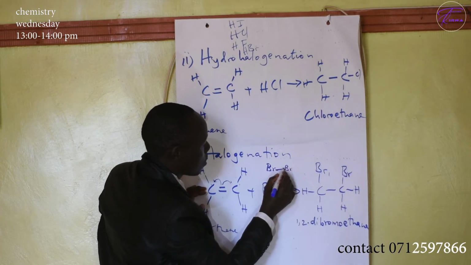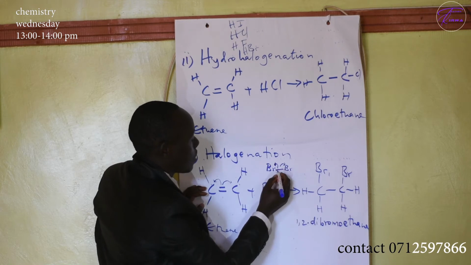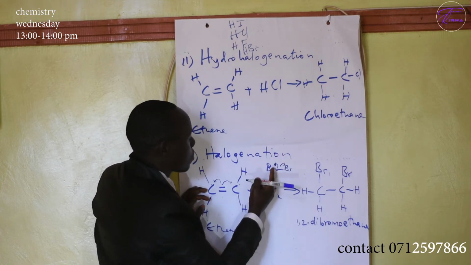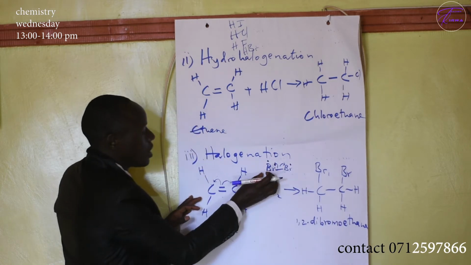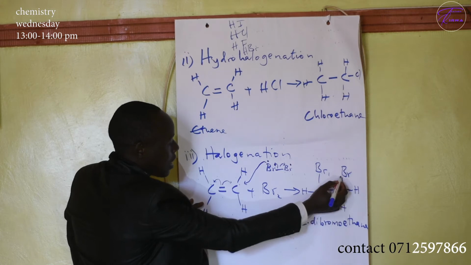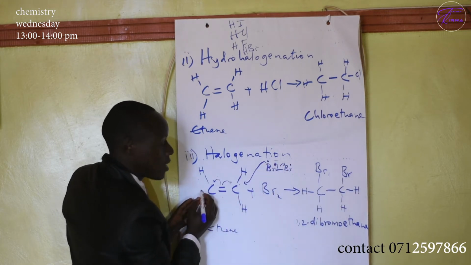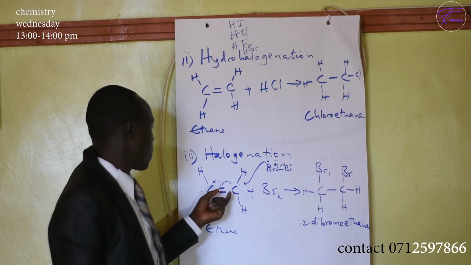So this breaks like that, okay? This is what you do in synthesis. So this one breaks, that breaks, then you have a radical. So this bromine now adds here, and then this other one adds this side. So that's why we are saying it occurs.